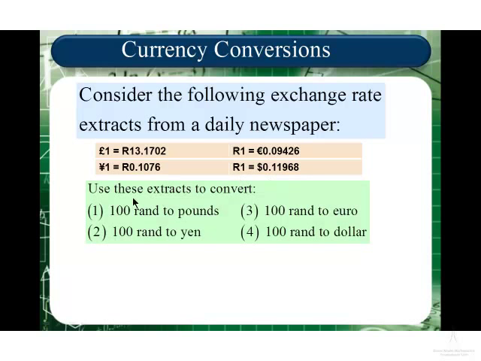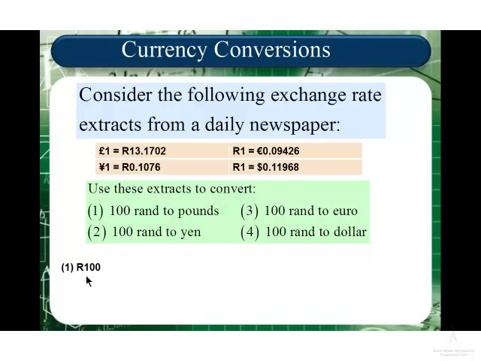The question here is, use these particular exchange rate expressions to exchange 100 rand to pounds in the first instance, secondly 100 rand to yen, thirdly 100 rand to euro, and fourthly 100 rand to dollar. So let's see how this is done.